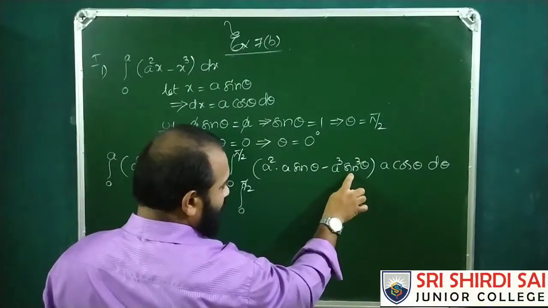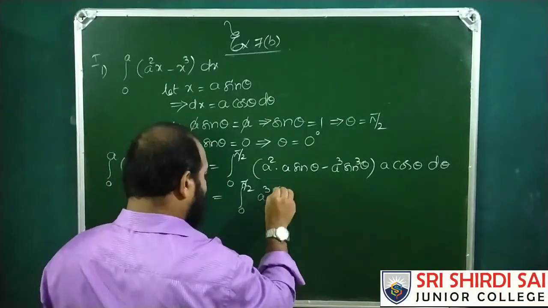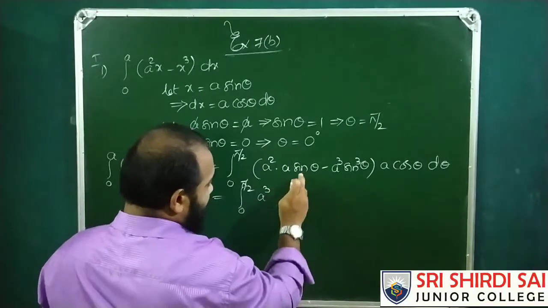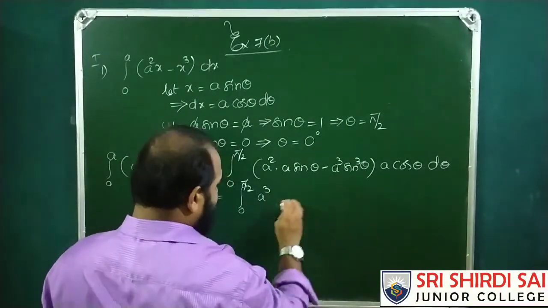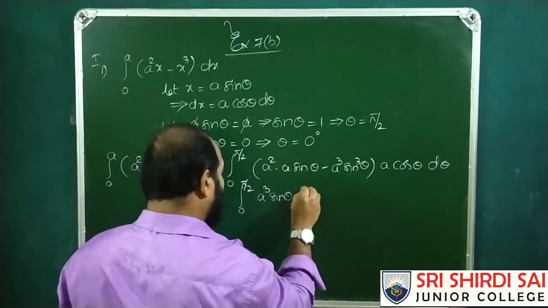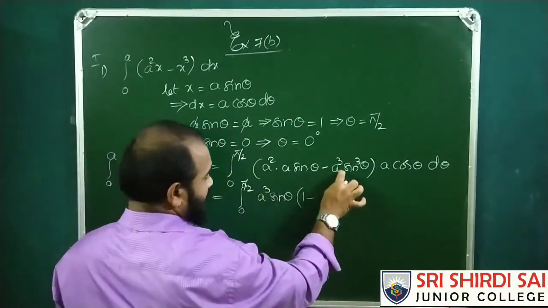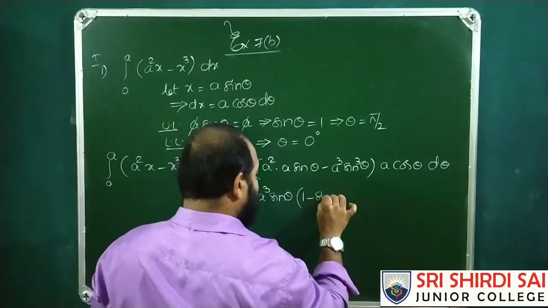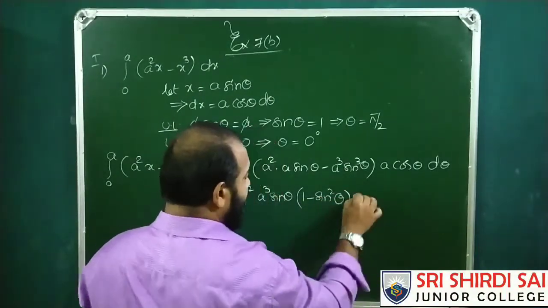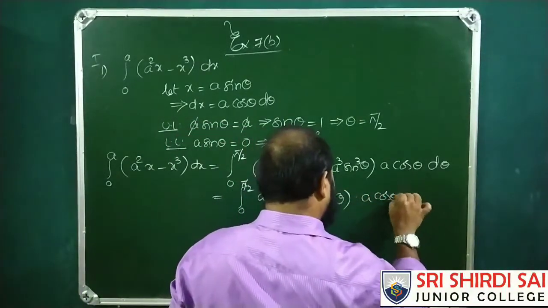So here also a cube is there. Take a cube as a common. Then sin theta is there here and here also. So take sin theta also as a common factor. Then we are left with 1 minus sin square theta into a cos theta d theta.